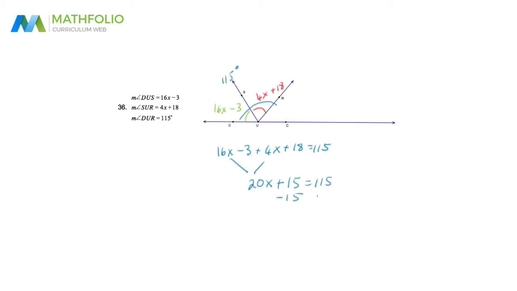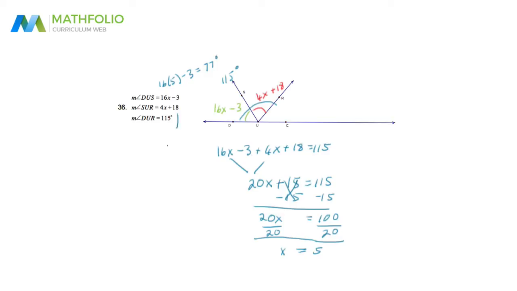This is kind of nice because when we subtract the 15, we've got 20x equals 100. When we divide by 20, we get x equals 5. So x equals 5. Now we need to plug it back in. So 16 times 5 minus 3, well, 10 times 5 is 50, plus 6 times 5 is 30, so that's 80. 80 minus 3 is 77 degrees.